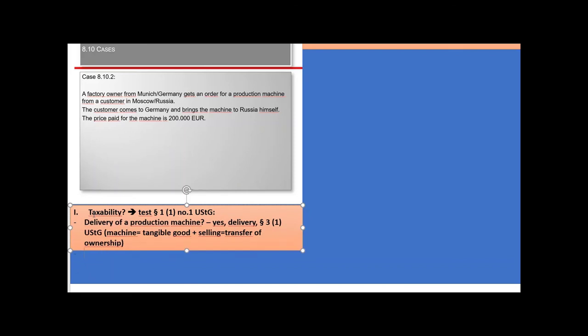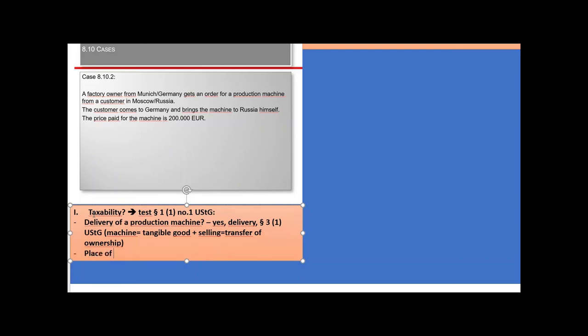Yes, this is a delivery, section 3.1 USDG. The machine is a tangible good, and selling is transfer of ownership position. So we have a delivery. That's clear and undeniable.